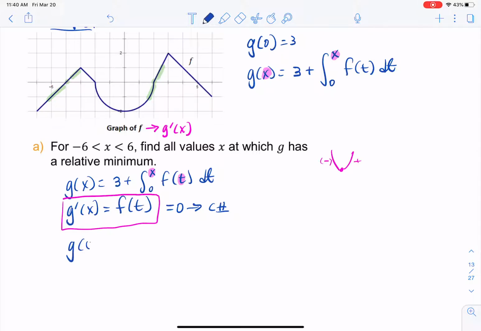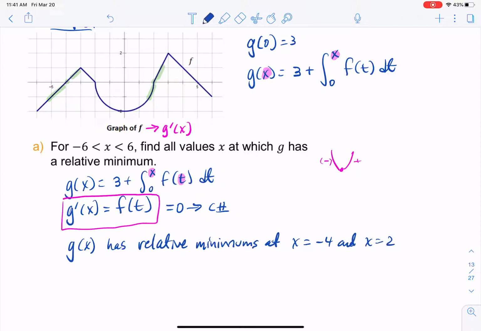All right, so let's write up our conclusion here. g of x has relative minimums at, that isn't how you spell that word, minimum. Okay, I don't think that's how you spell it either. It's just right there, just copy it. At x is equal to, that looks like it's at negative 4, and x is equal to positive 2.